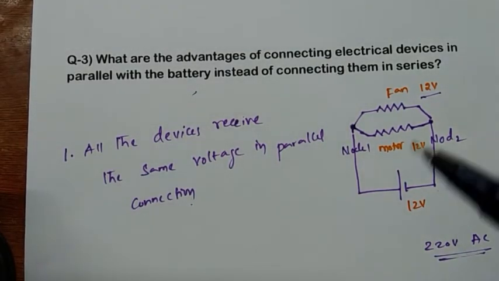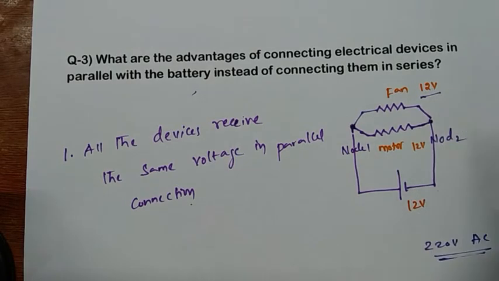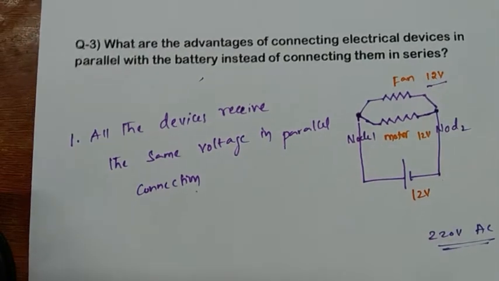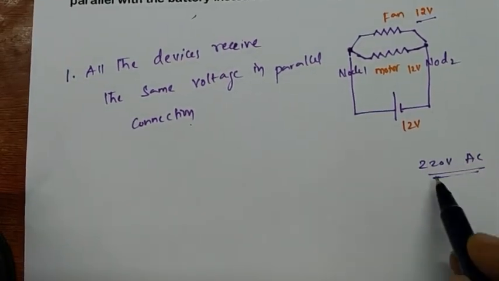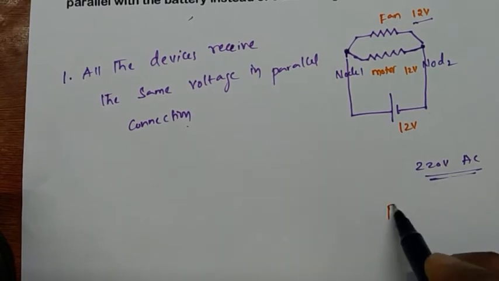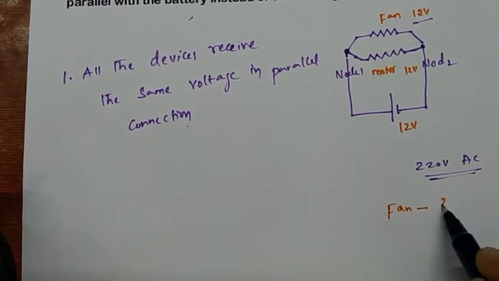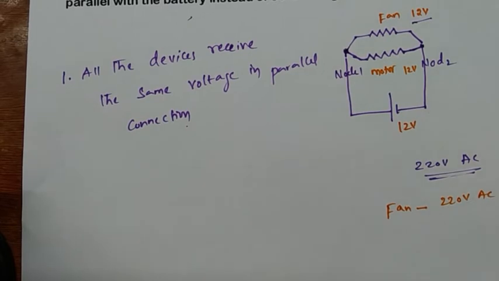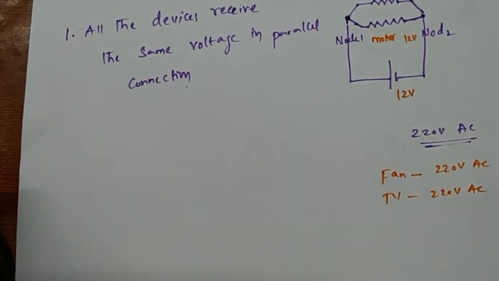With real life examples you can understand. In your home the fan works under 220 volts AC. The TV works under 220 volts AC. The mixie works under 220 volts AC.